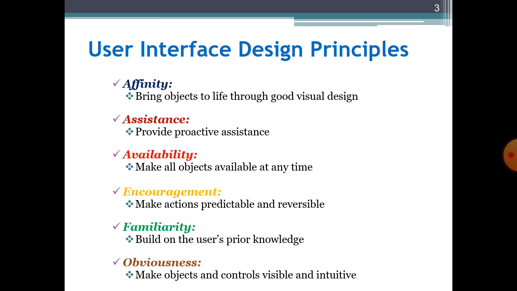encouragement. What is the encouragement principle that should be followed while we are designing our user interface? It's about making actions predictable and reversible. In encouragement we should ensure that an action produces the expected result. Students, we need to understand the expectations, tasks and goals of the user.